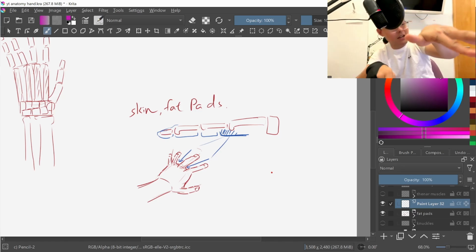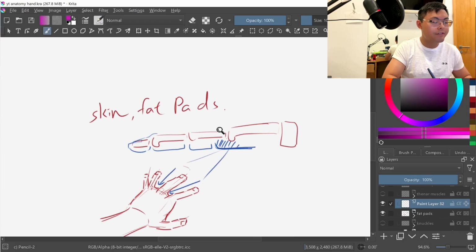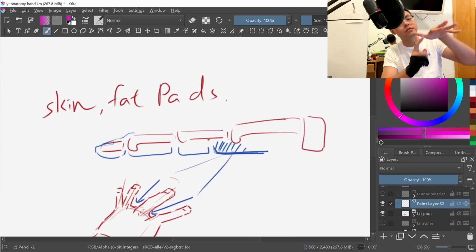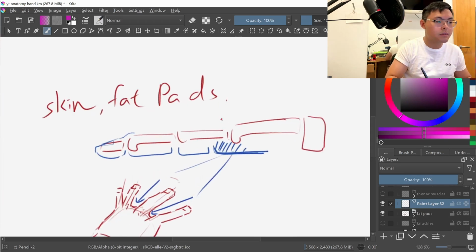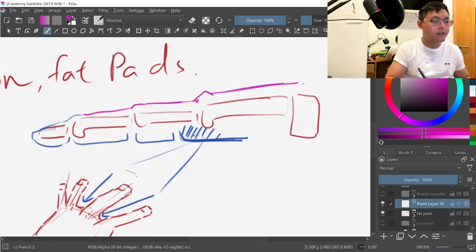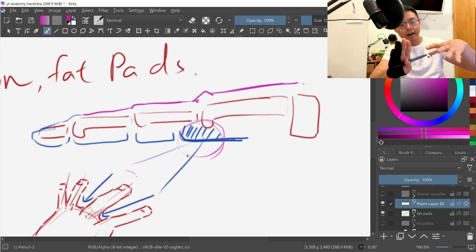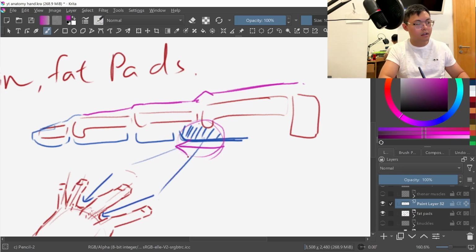In terms of the pads, if you look at your own hand on the side view, you will see that the knuckle is here. The knuckle thing is what we were talking about just now. The lower part of the pads is extended compared to the upper part.